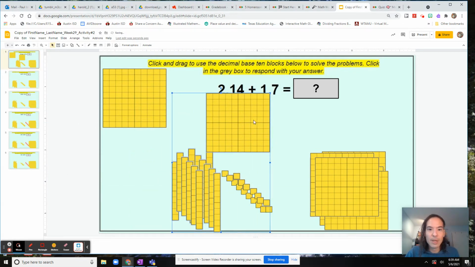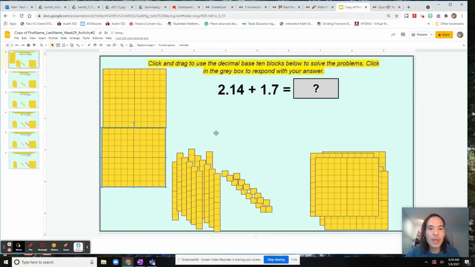Okay, so 2 and 14 hundredths. There's 2 wholes, 1 tenth, and 4 hundredths. So we are making 2 and 14 hundredths on this side.